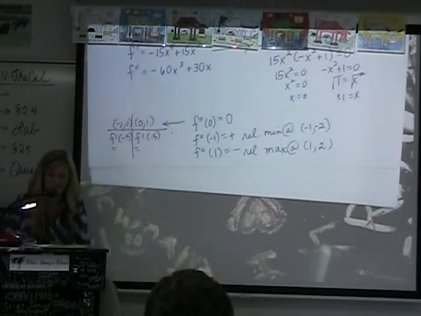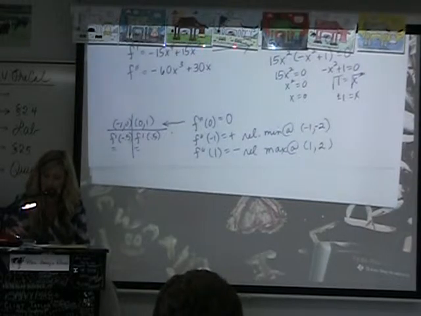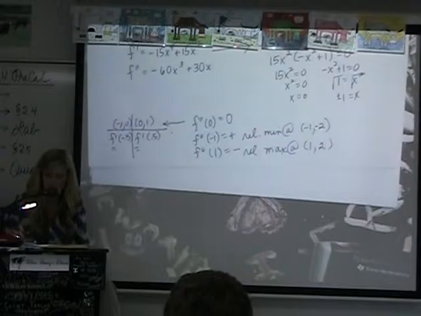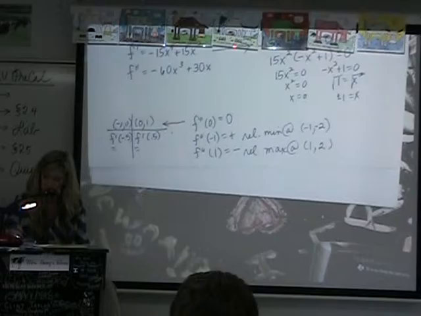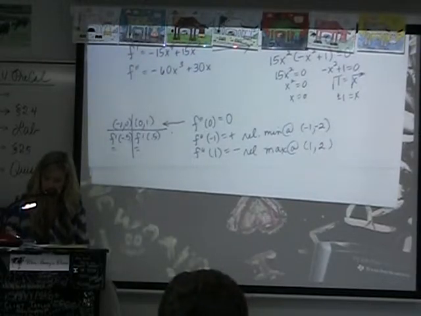And since I've got some fractions in there, to save me some time, I'm going to punch it in my calculator to see if it's positive or negative. So negative 15 times 0.5 to the 4th plus 15 times 0.5 squared. And you know what?